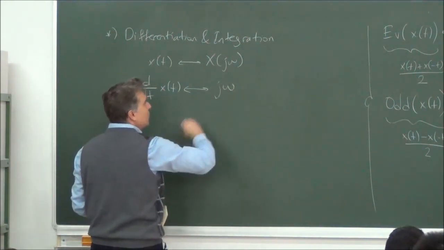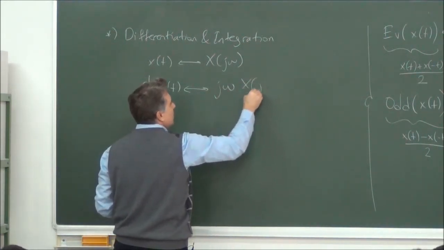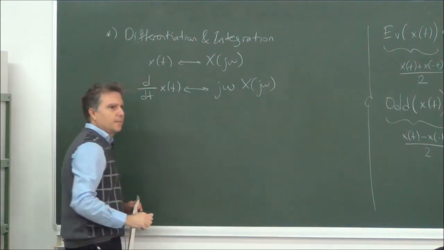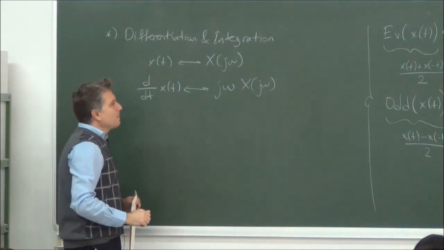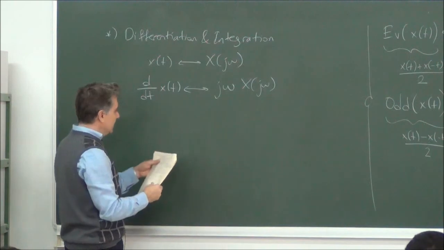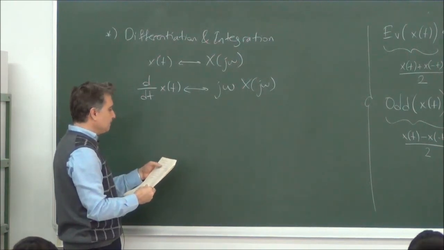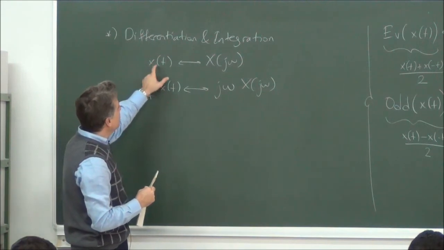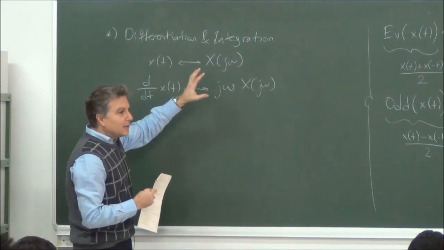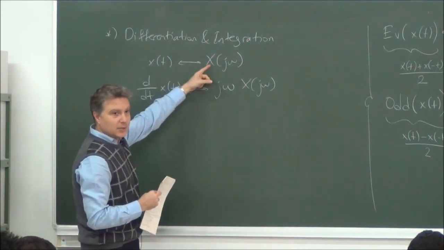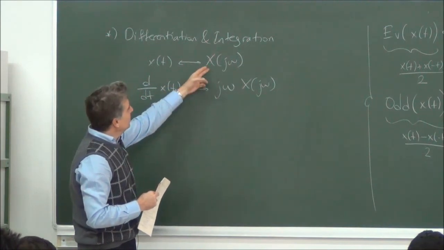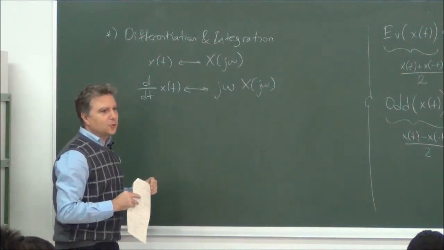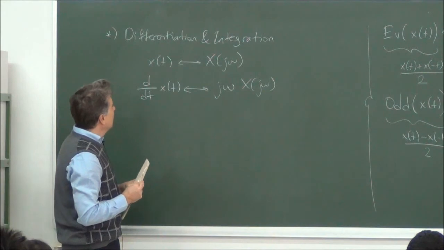It is simply j omega times x of j omega. So when you have a derivative signal like this, and if you know the Fourier transform of the non-differentiated version, this one, then just multiply it by j omega and you come up with the derivative version.